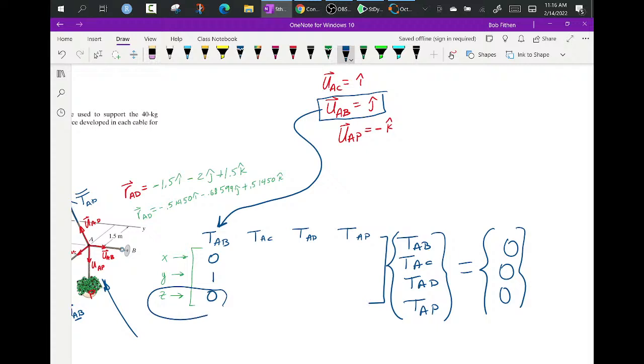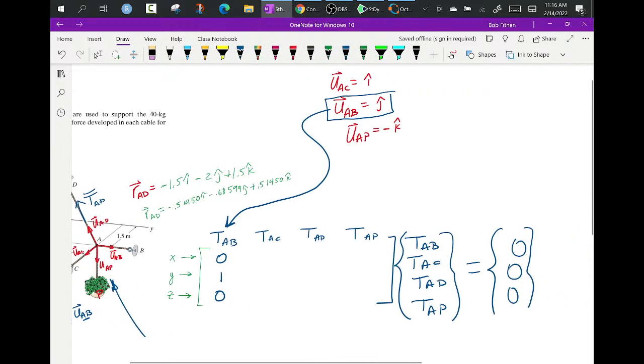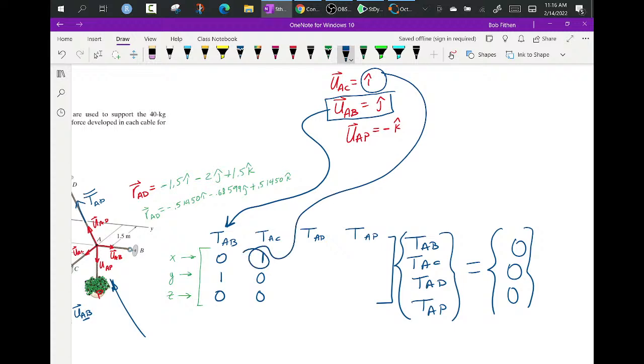For the z component, I have no k there. Now, if I list TAC, it would be associated with UAC. It has a 1, a 0, and a 0. In other words, it has an I. The I shows up here. It's in the X. There is no J, and there is no K in that base vector.